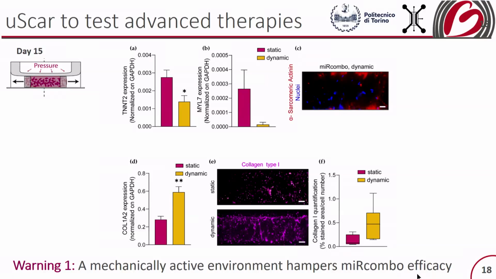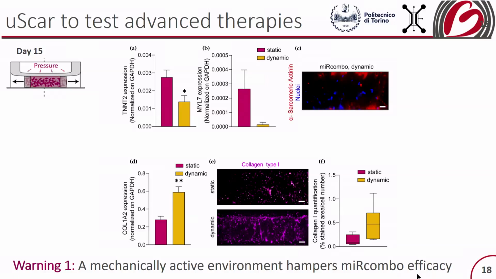So upon mechanical stimulation, cells do not express markers of cardiomyocytes, do not express alpha-sarcomeric actinin, while on the other side, they start to express higher levels of collagen type 1, and collagen type 1 started to be deposited in the model, meaning that this is a first warning for this therapy, telling us that a mechanically active environment seems to hamper Mir combo efficacy.